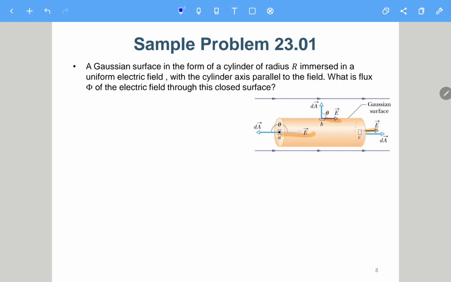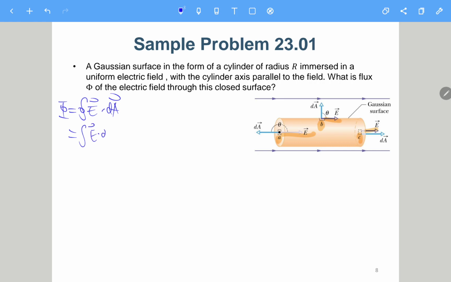So let's consider it one by one. This is surface A, this is surface B, this is surface C. Actually phi equals the integration of E dot dA for the whole cylinder. It can be separated into three parts.